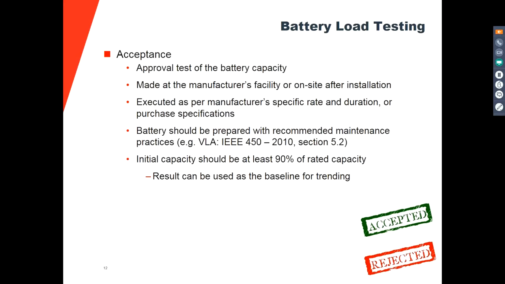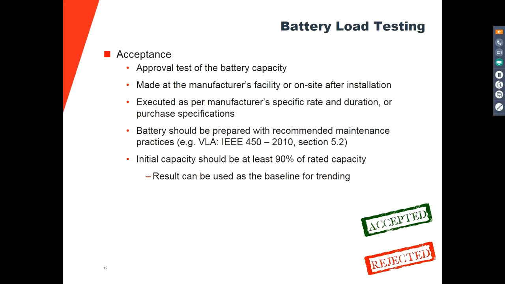Usually it is performed in the very first 6 months once the battery has been delivered and installed, and it's been under floating conditions for a while. So the battery capacity has developed fully, and that is when the test is performed, to accept and to also get a benchmark value. You want to know what capacity the battery is starting with.